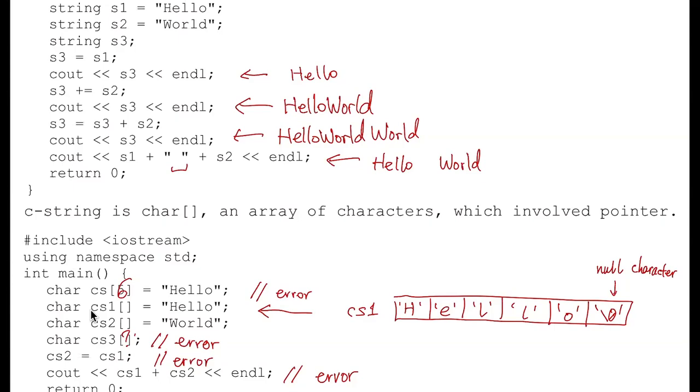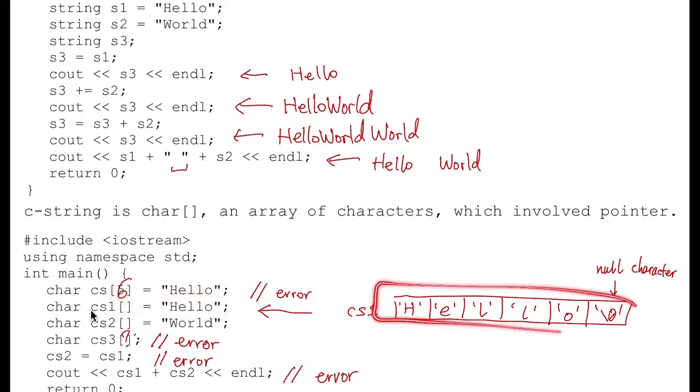So if you leave the C string capacity blank, it will automatically create an array with the right size. Like here, we initialize the CS1 with the capacity empty, and then we store hello to it.